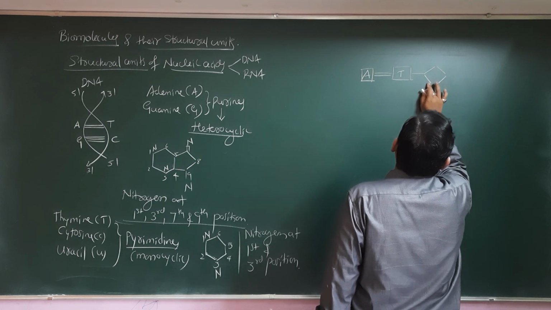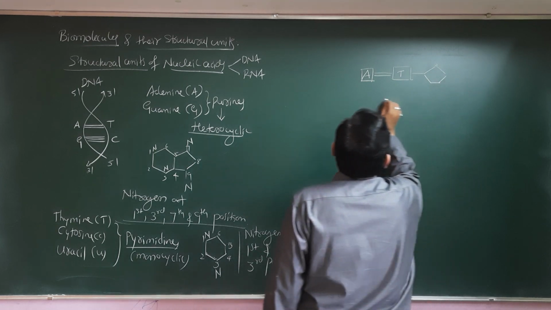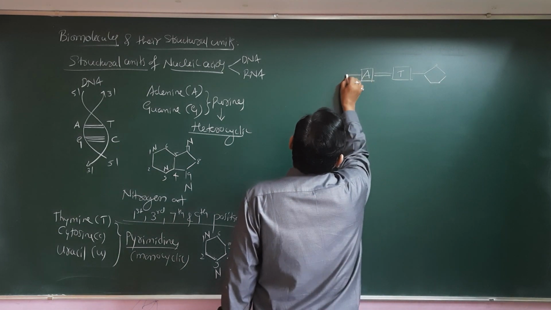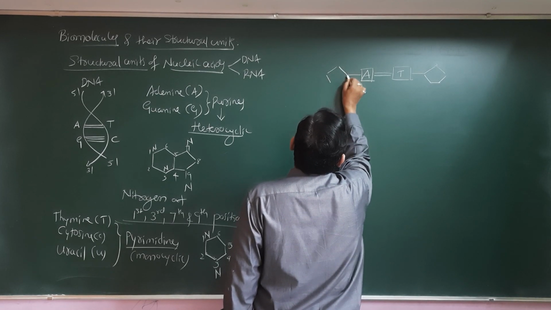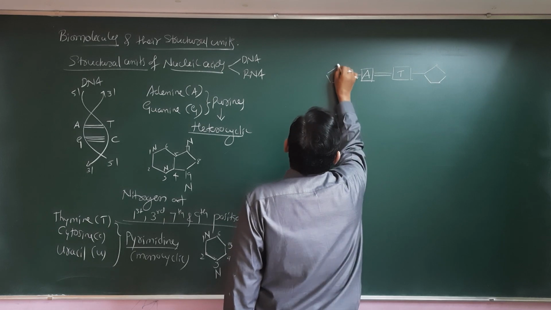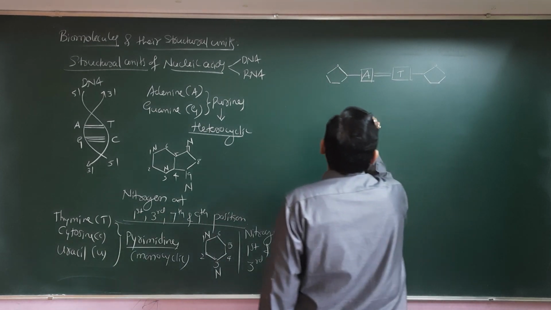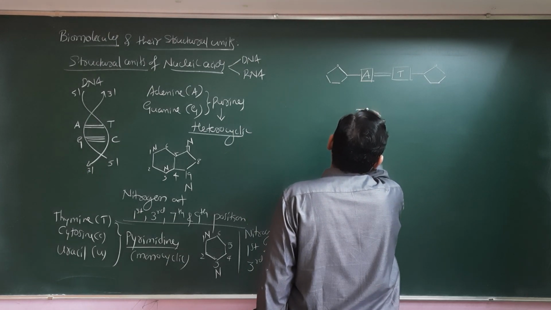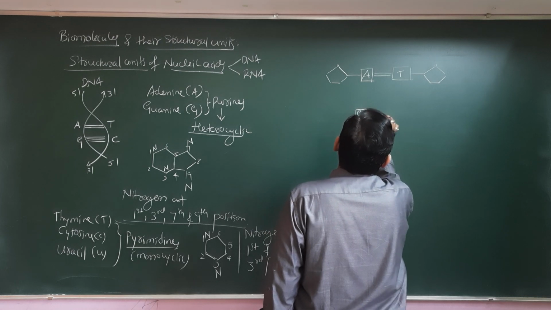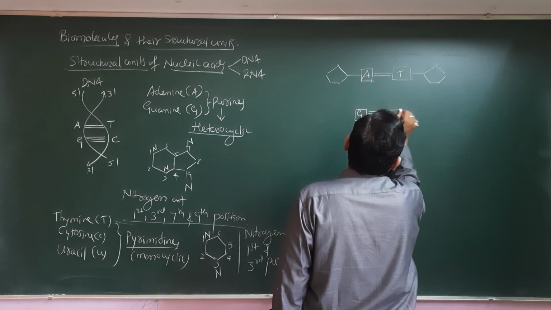Attached to the sugar, here is the terminal oxygen. Here adenine is also attached to a sugar. Similarly, guanine is a nitrogen base, and it is attached to cytosine by 3 hydrogen bonds.